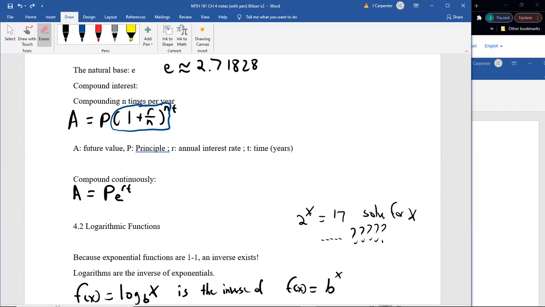And then x is just your argument, your input variable. So log base b of x is the inverse of b to the x. So these two things, if you remember, would be mirror images across the line y equals x. We said inverse functions are mirrors of each other, but not horizontally, not vertically, and not even horizontally and vertically. It's a mirror across the line y equals x.